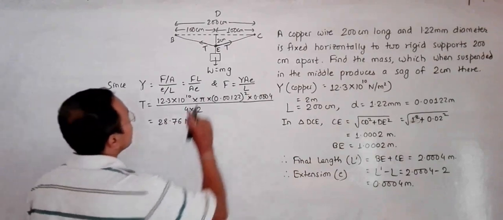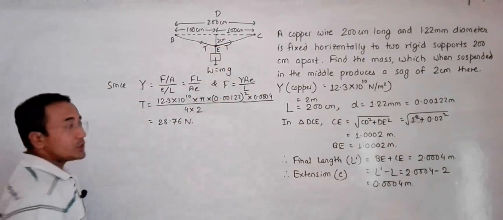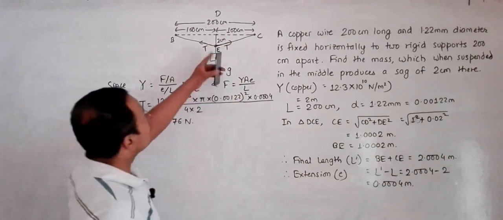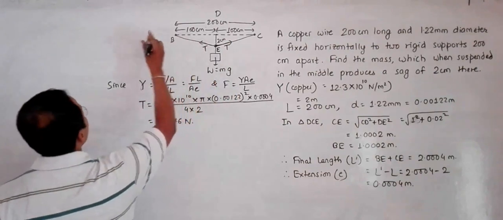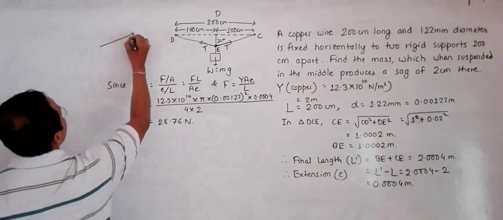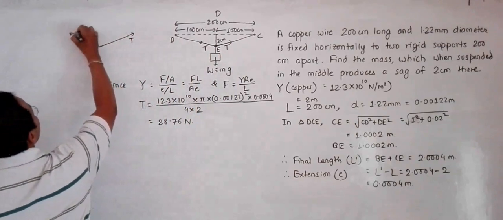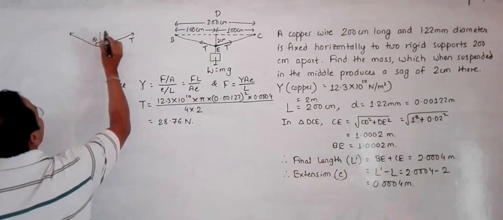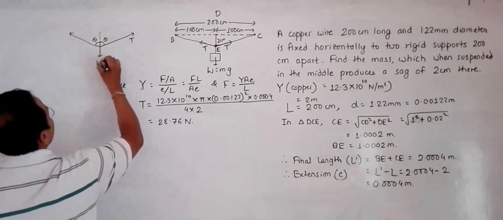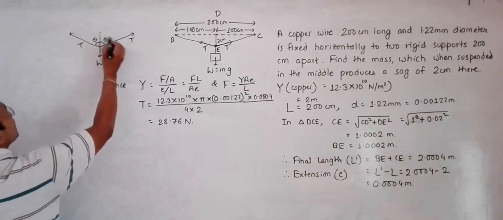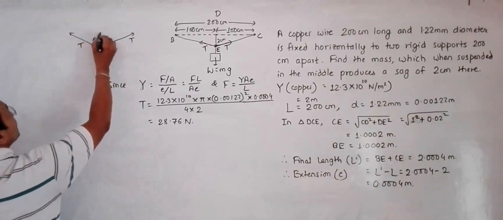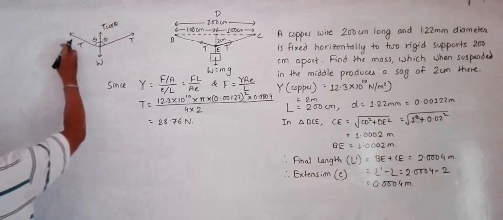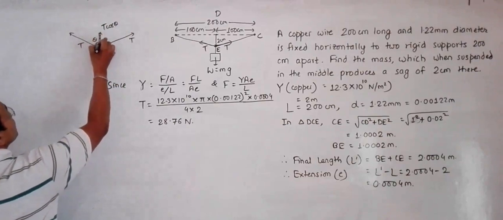Now, since this whole system is in equilibrium, the total downward force is equal to the total upward force. What is the total upward force? If I draw this a bit larger, this is tension T, this is also tension T. If I name this angle as theta, and this is W, the component of this tension over here is T cos theta, and the component over here is another T cos theta.